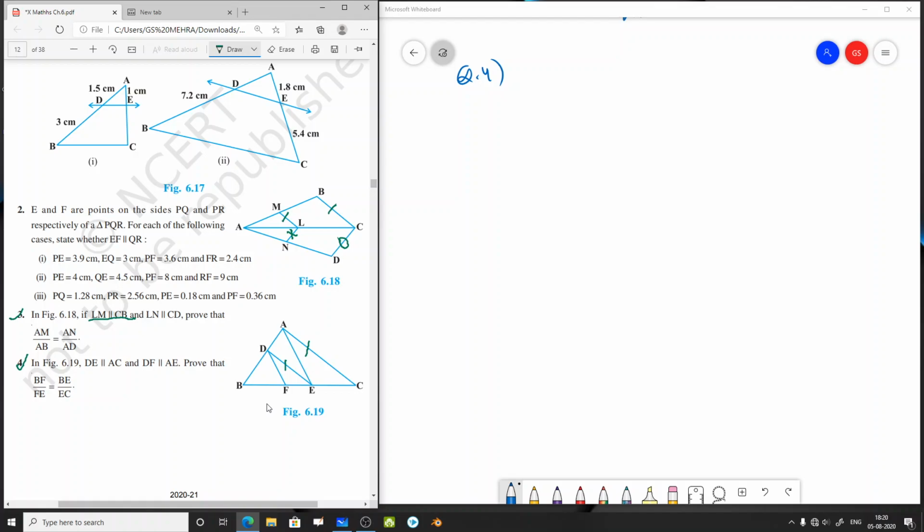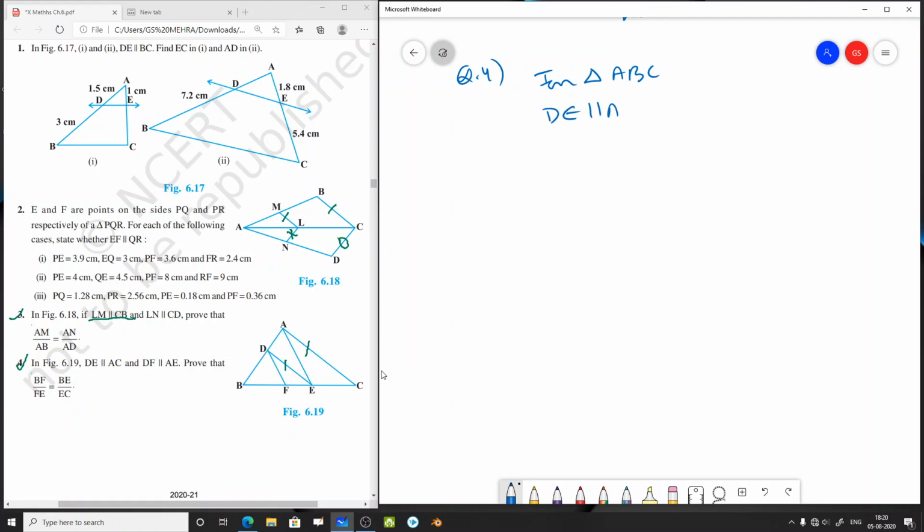So if you see the figure carefully, we can see that the triangle here is ABC. So in triangle ABC, DE is parallel to AC. Therefore, the corresponding side of BD is BE.